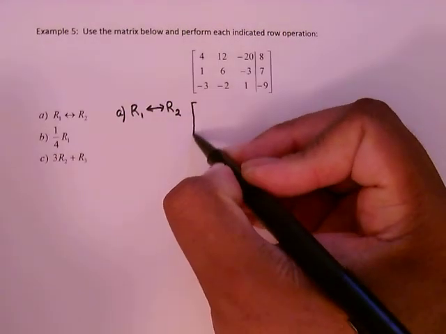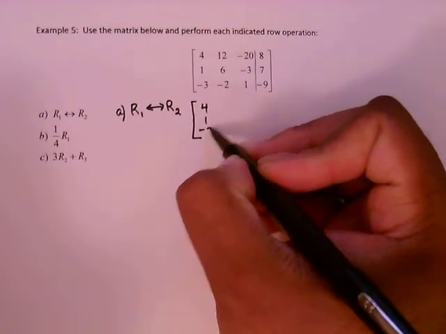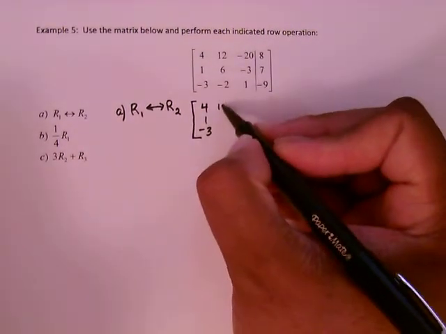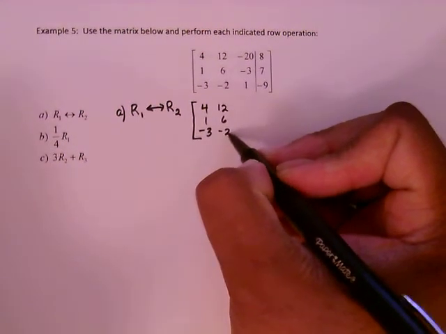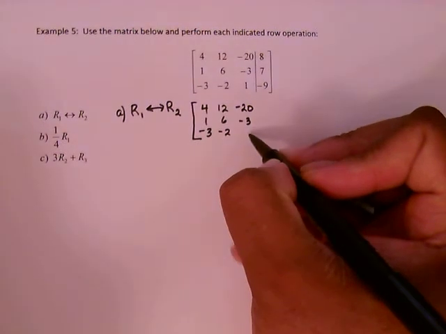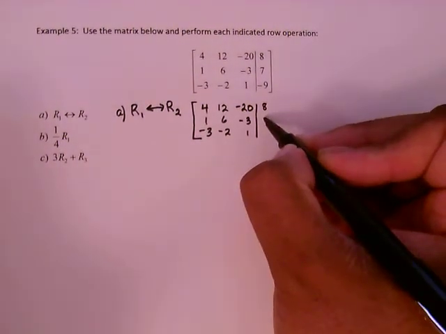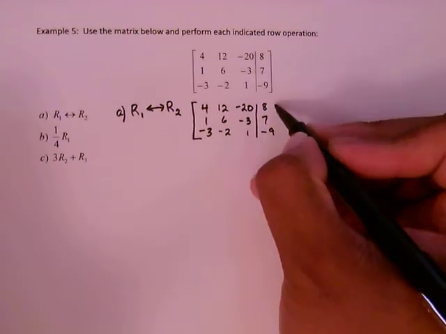I'll go ahead and rewrite this: 4, 1, negative 3; 12, 6, negative 2; negative 20, negative 3, 1; and then 8, 7, negative 9.